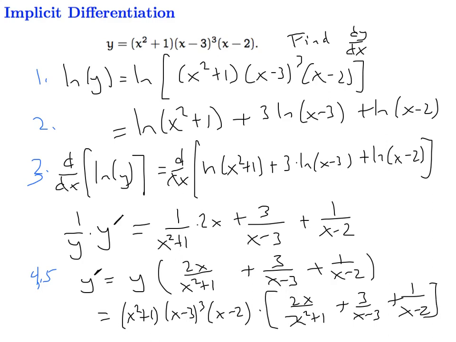That's my derivative. Now, this seems like a bit of work. I don't disagree. But it would be so much more work to go through all the product rules and chain rules with stuff like this, okay? I promise you, this is a lifesaving device.